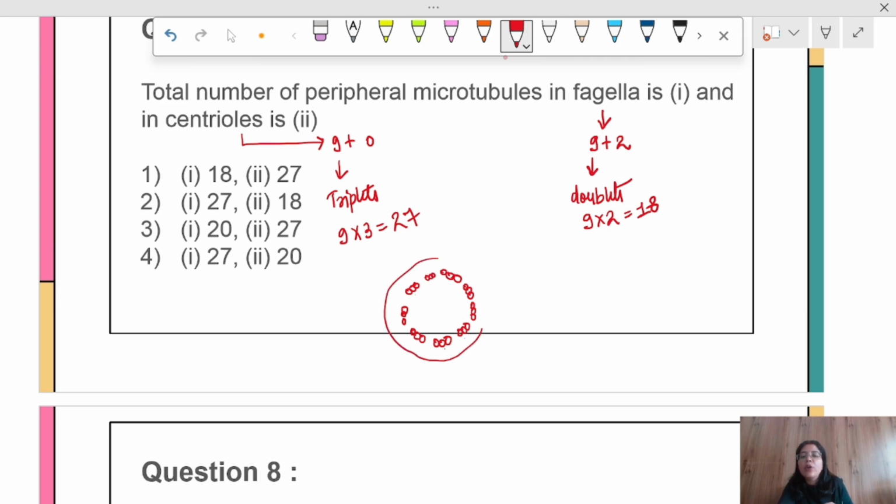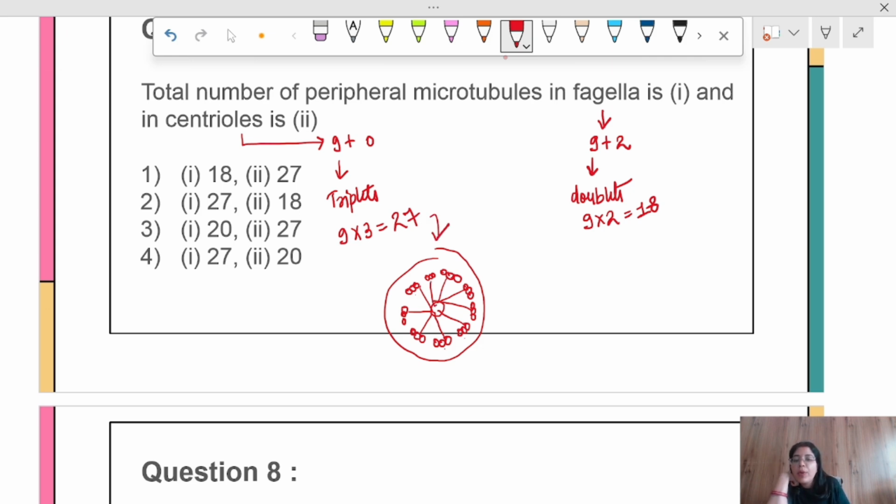Like this, on the periphery, you will be having 9 total places where triplets are existing, and here in the center you have hub, right? So they are connected like this with the help of radial spoke. This will be there in total.